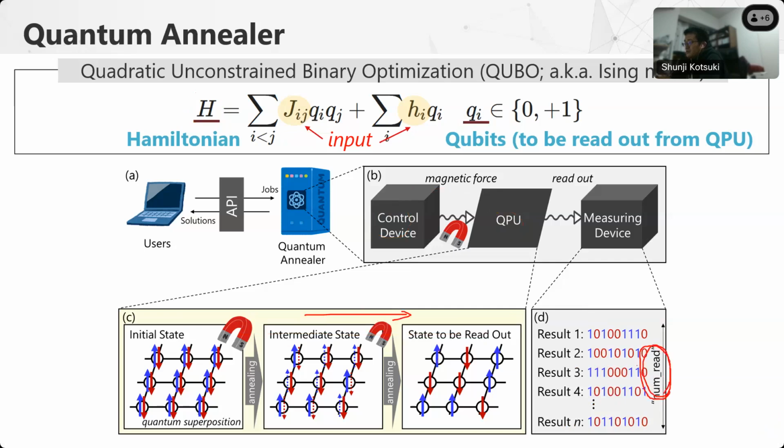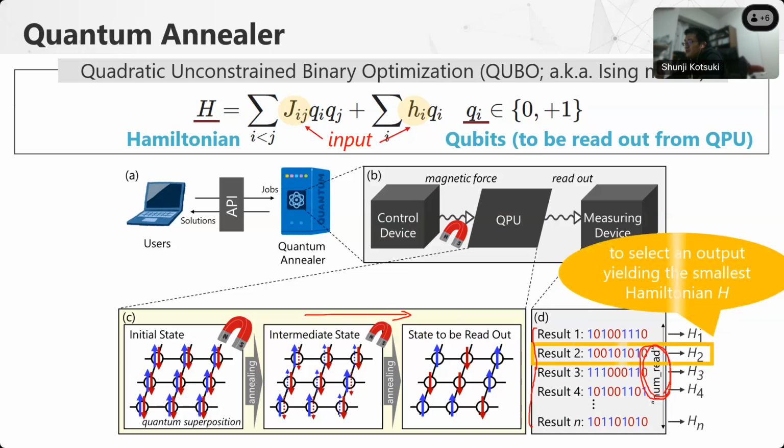Every quantum annealing gives a different result, but we can compute the Hamiltonian for each result and select the output with the smallest Hamiltonian. In this way, we can stabilize the answer from the quantum annealers. So once we can reformulate our problem into a QUBO, we can use the quantum annealer for solving the problem.